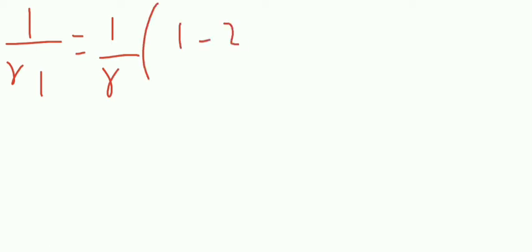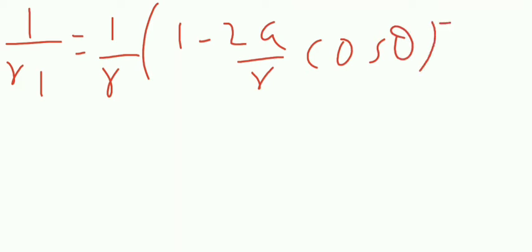So what is my 1 by r1? 1 by r1 is equal to 1 by r into 1 minus 2a by r cos theta power minus 1 by 2. 1 by r we know. So what are we going to substitute?